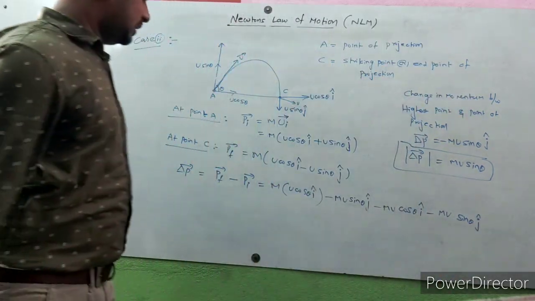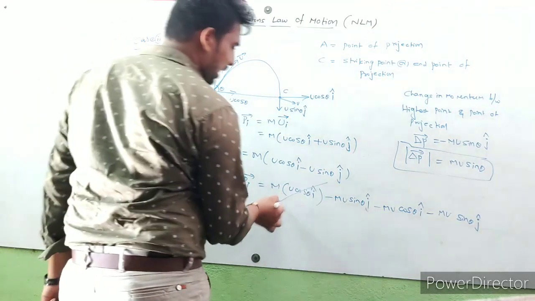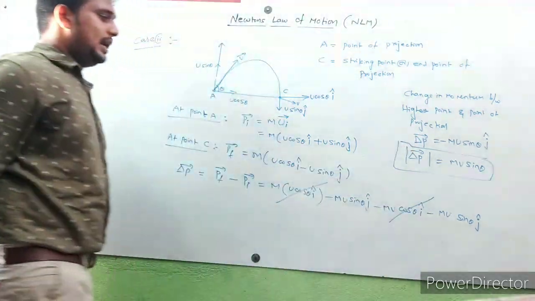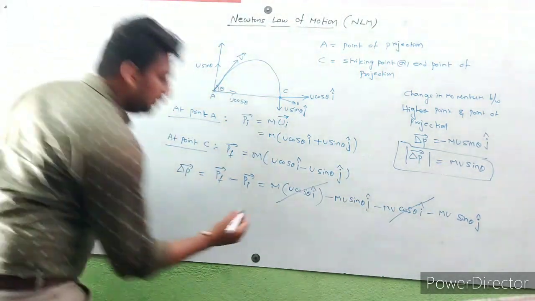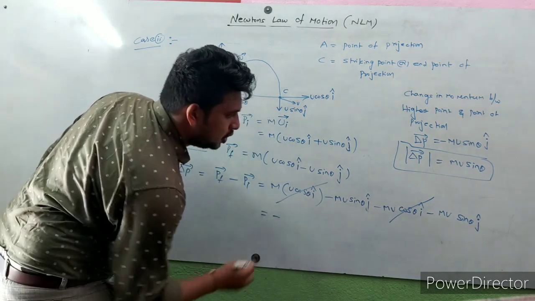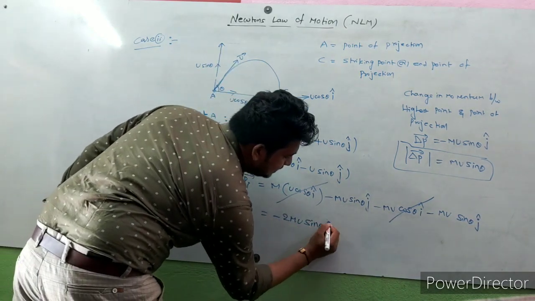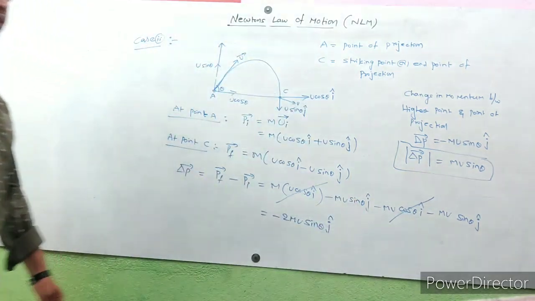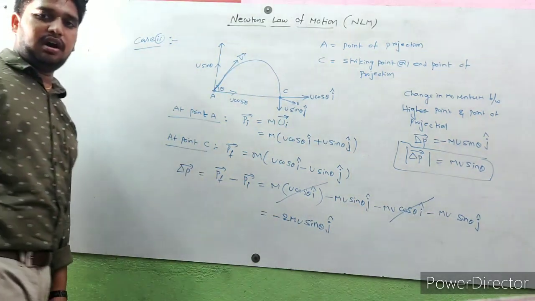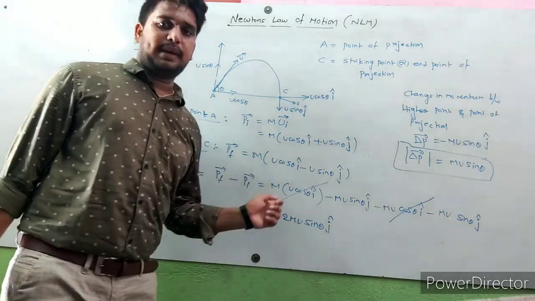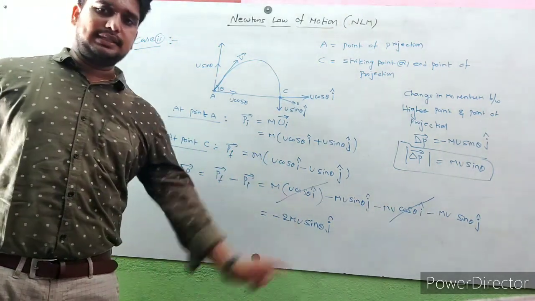So m into u cos theta i cap is going to be cancelled, finally what we got here is minus 2mu sin theta j cap. So the major answer is minus 2mu sin theta j cap.